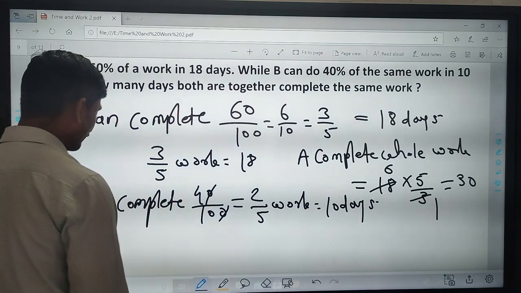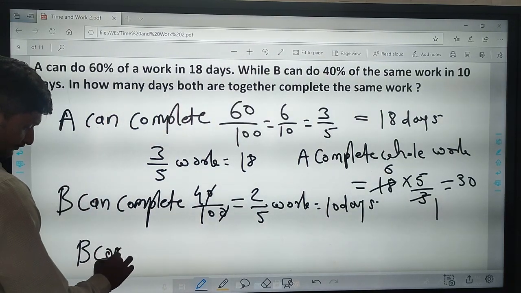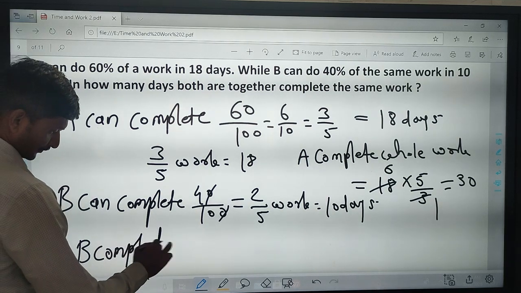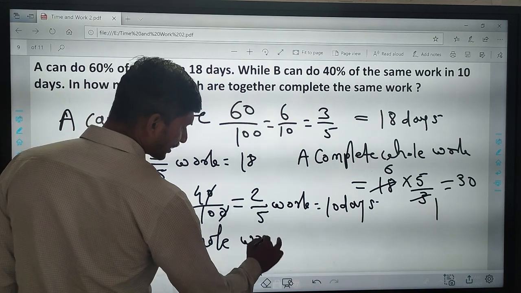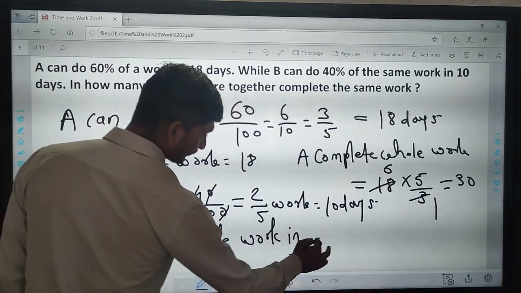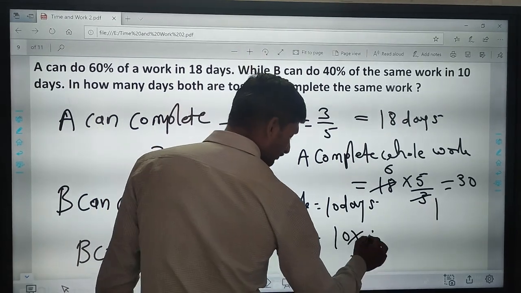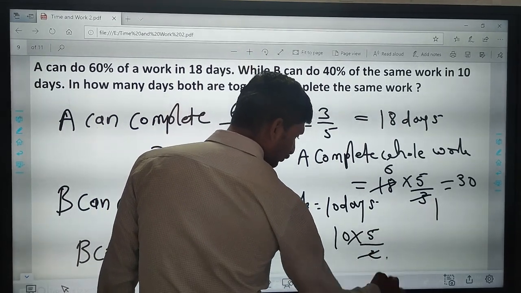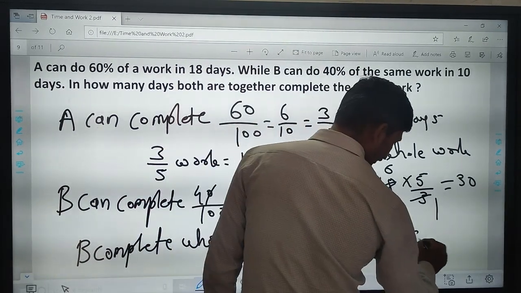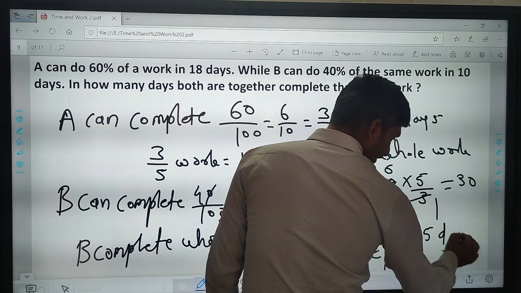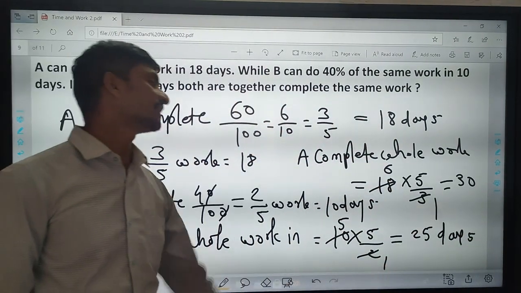Then B completes the whole work in 10 into 5 by 2, that is 25 days. So B completes the whole work in 25 days, and A completes the whole work in 30 days.